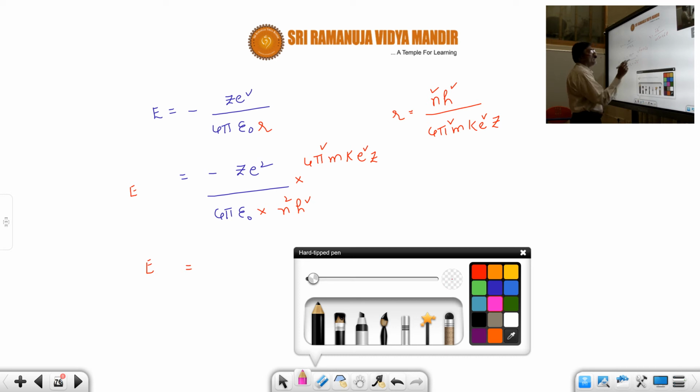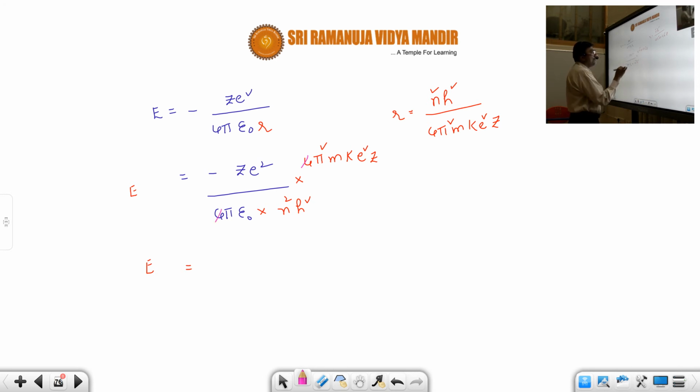Now let us strike out. Here what gets cancelled? 4 gets cancelled. Do you agree or not? One pi gets cancelled, one pi is left out. Now you can write here Z and Z, so Z and Z will become Z square. And e power 4, here e square is there. Next k value will be there and the mass of the electron is also there.